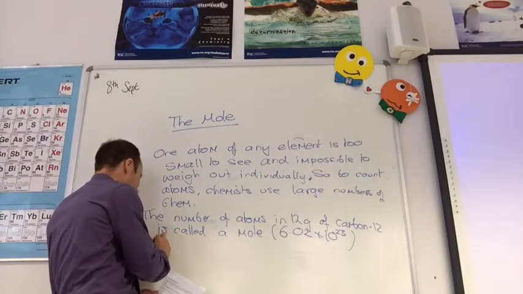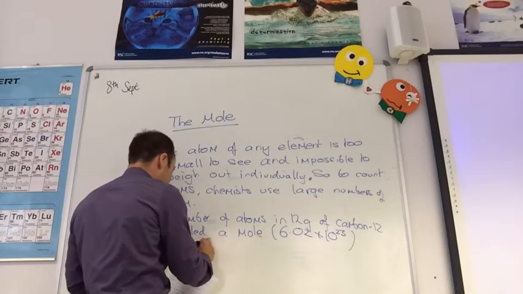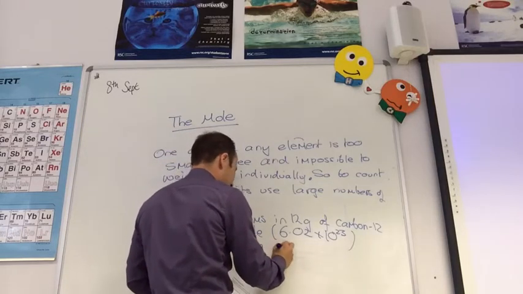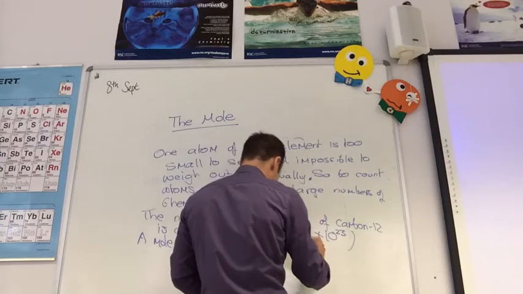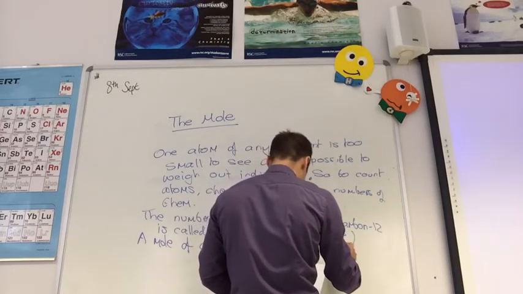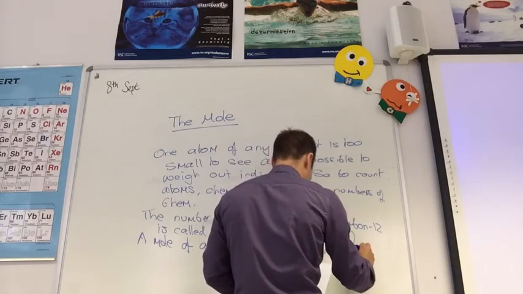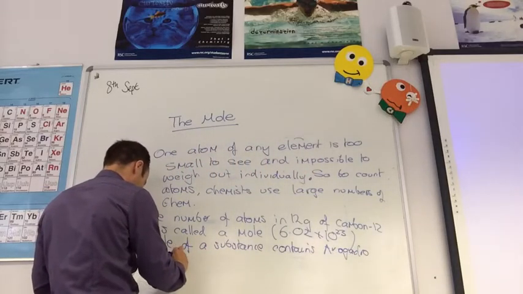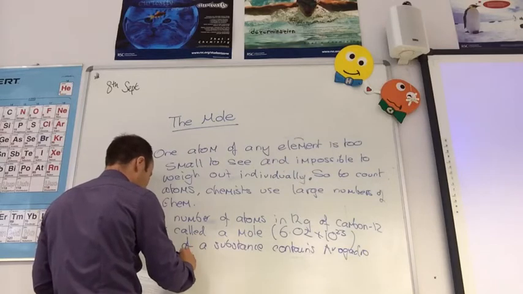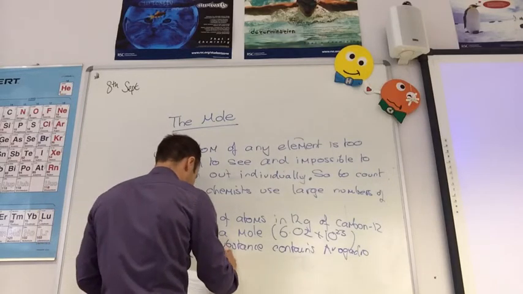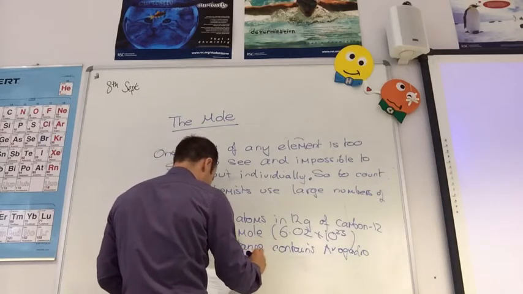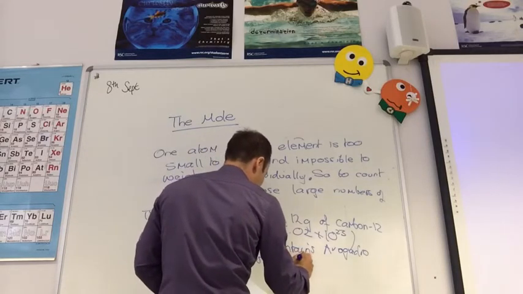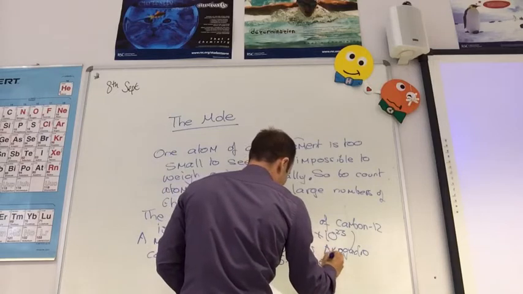So we say a mole of a substance contains Avogadro's constant of particles, which equals 6.02 times 10 to the 23.